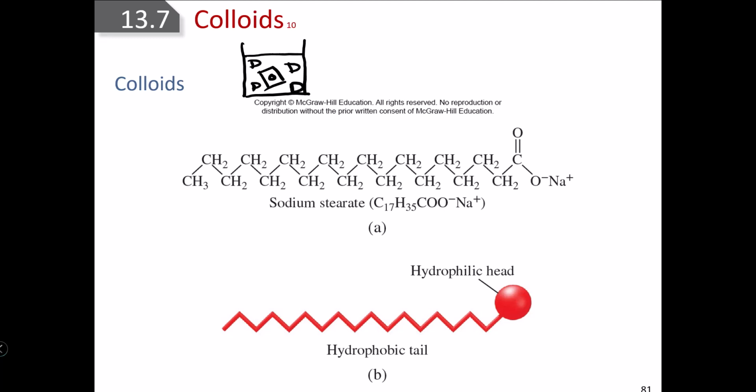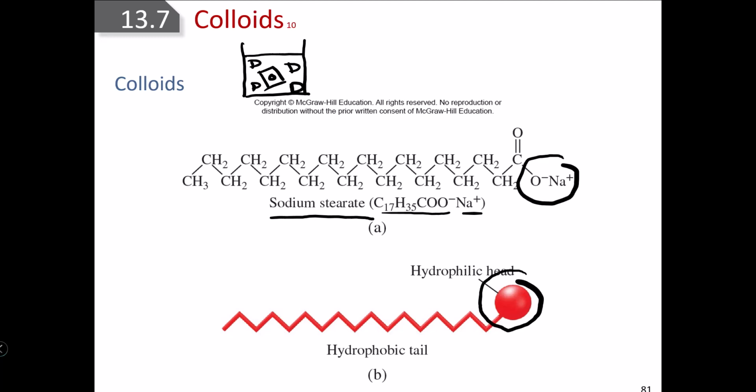All right. So what is a detergent? Well, a detergent looks just like this. In fact, if you look on your detergents, you may even see, especially in shampoos, sodium stearate. So it's an ionic compound, right? You have this part that's negative, and then you have the sodium. So it is ionic. And what you have is a hydrophilic head, a water-loving head, which is this ionic part.